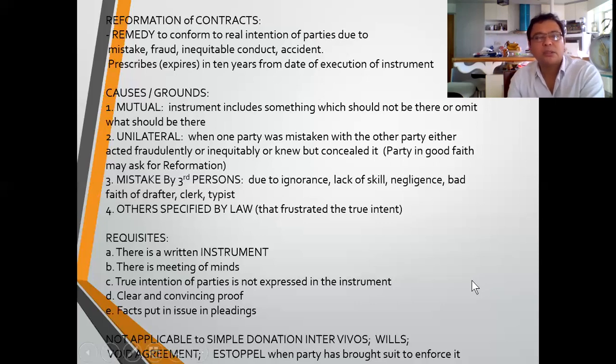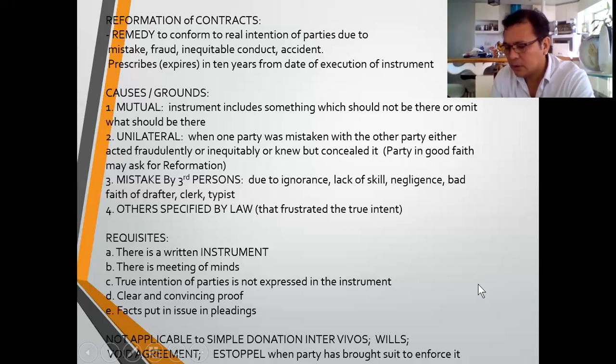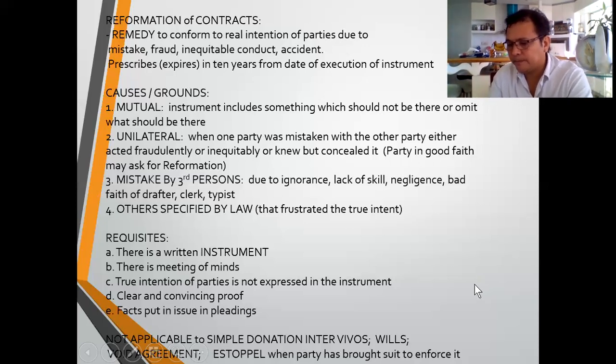So wills are also not subject to reformation of contract, because the testator, the one who makes the will, can reform it by merely making another will. That is known as a codicil. So it can be a will to supersede the previous will.